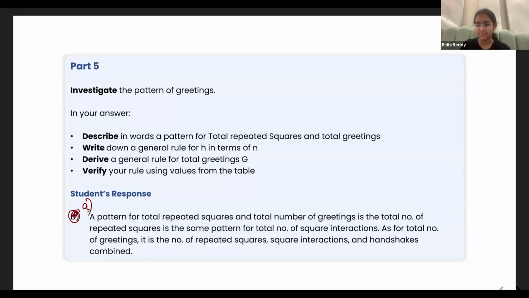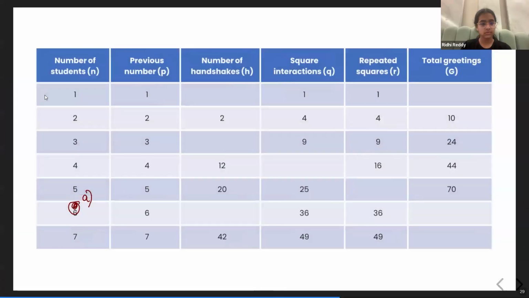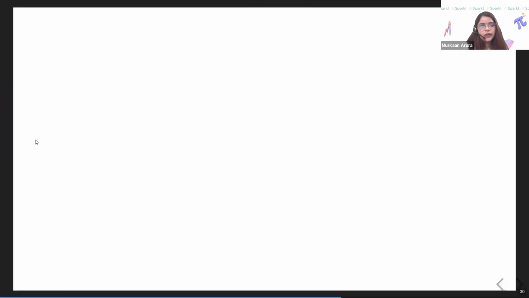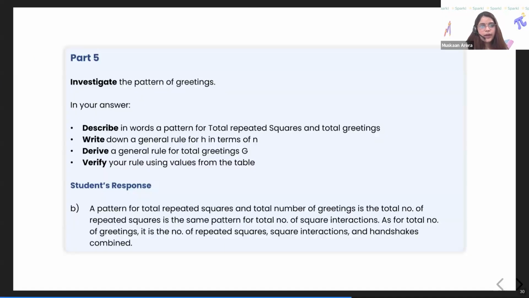Sorry, can you go to the table, ma'am? So you have to look at the pattern for the total number of greetings, that is the last column, and the total repeated squares.